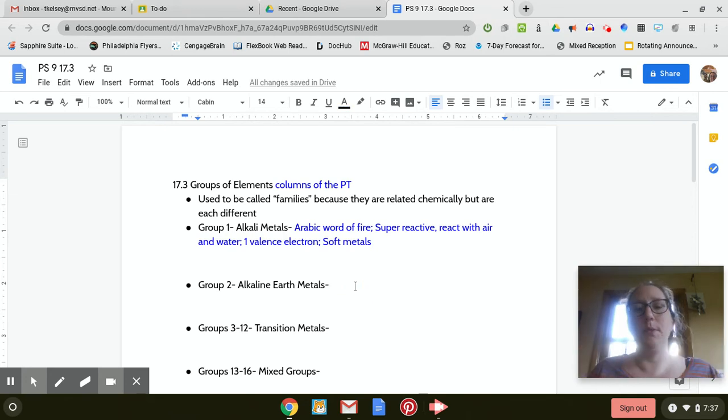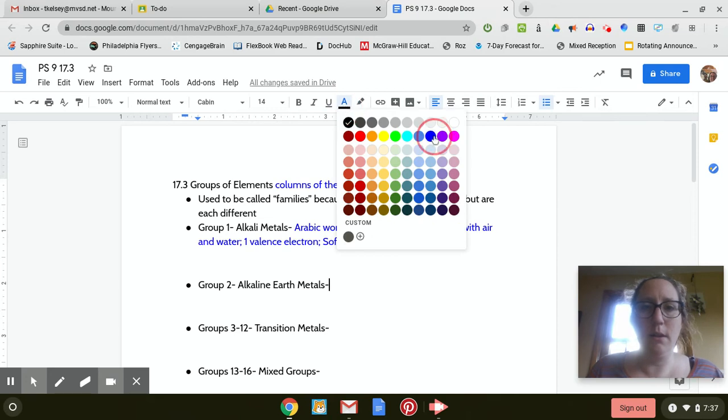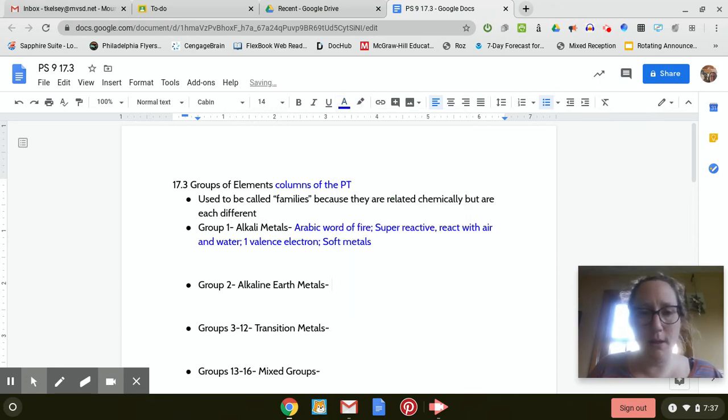All right. Next group over, group 2, the alkaline earth metals. These are often called the earth metals because when placed in a fire, they don't burn. So back in the day, they were called an earth metal because they didn't burn.